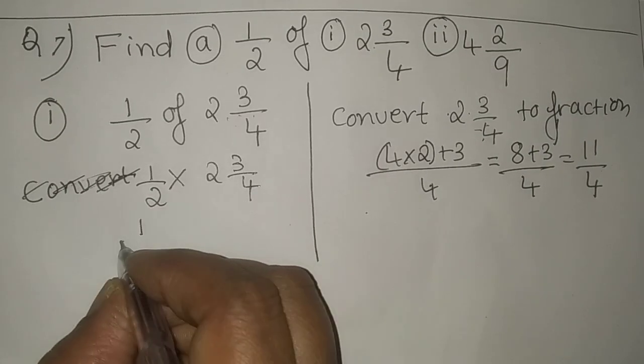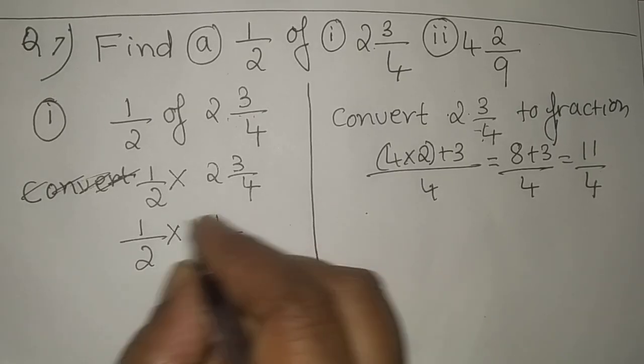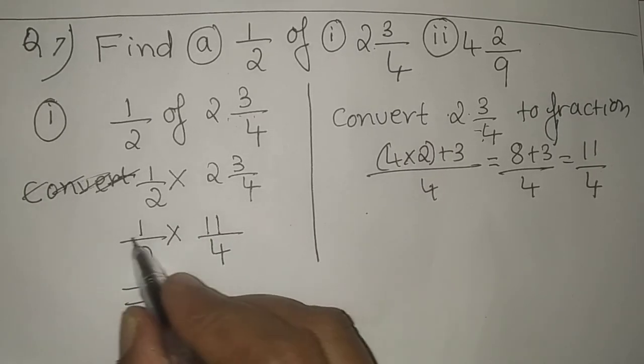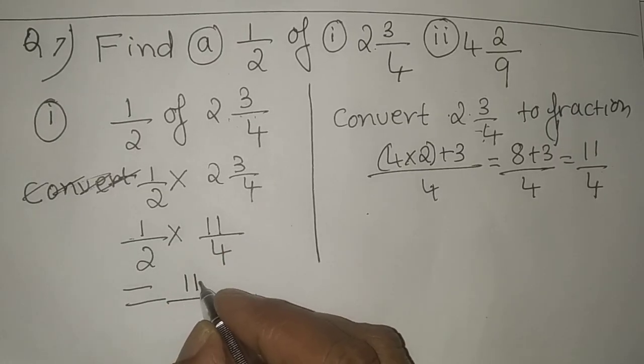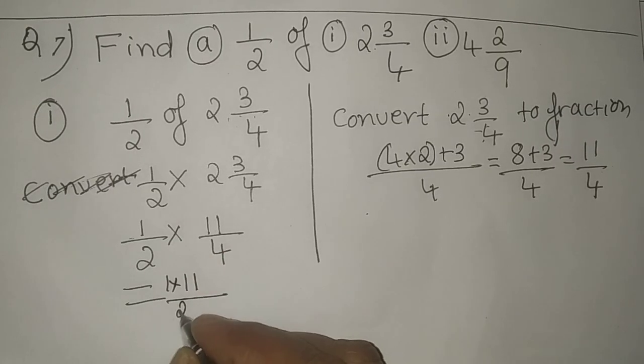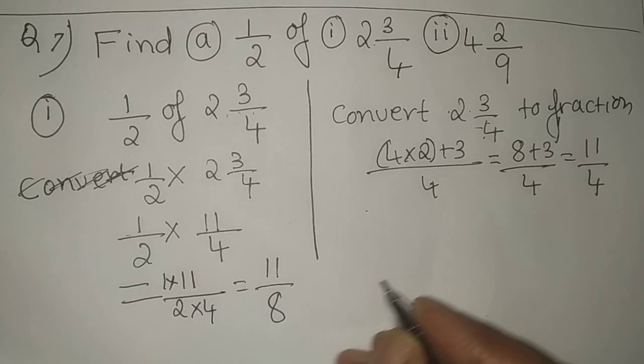This is the way to write. Then of into, write down that fraction part, then simplify. We get 11 by 8. That is 1 into 11, 2 into 4. This will be 11 by 8.